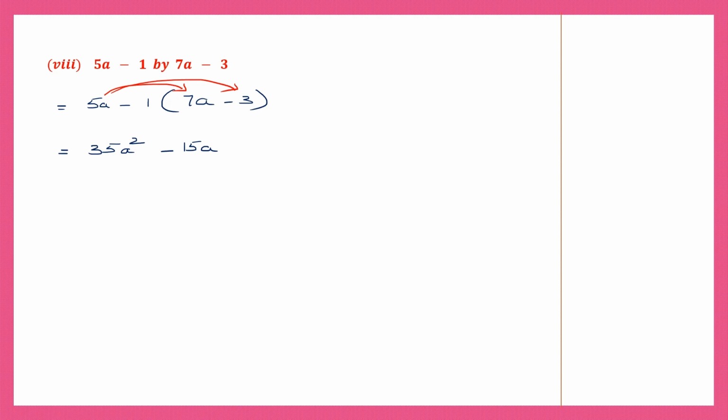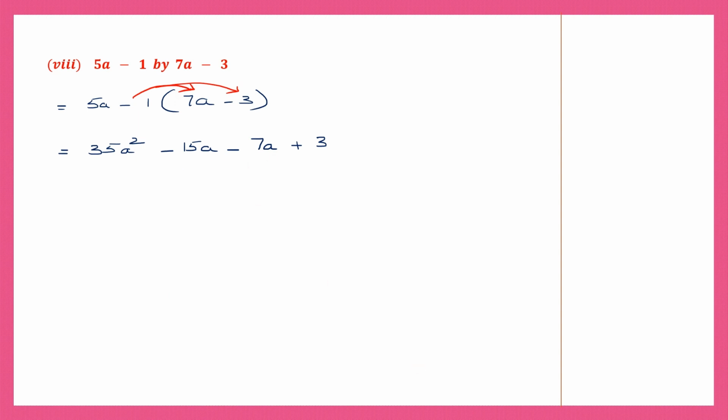So now let's go on to minus 1. Let's multiply minus 1 with these. First we multiply minus 1 into 7a. Minus into plus is minus, 1 into 7 is 7 and that is a. Then we multiply minus 1 into minus 3. Minus into minus is plus, 1 3s are 3. Now here again, if you look carefully, we have two like terms. So this we can solve.